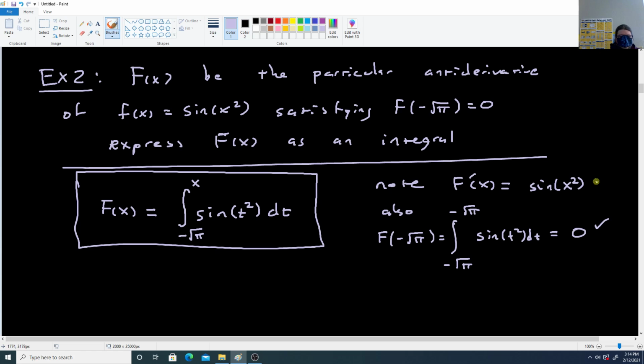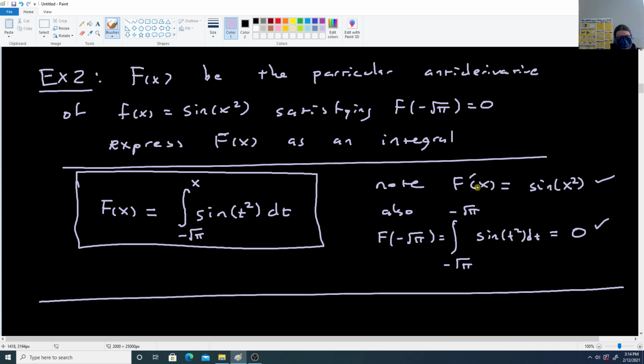It gives you 0 back. So we can check from this format the antiderivative. It's doing the correct things as an antiderivative, so when I take its derivative, it goes back to sine of x squared. And it also satisfies the condition here that the function evaluated at negative square root of pi is 0.